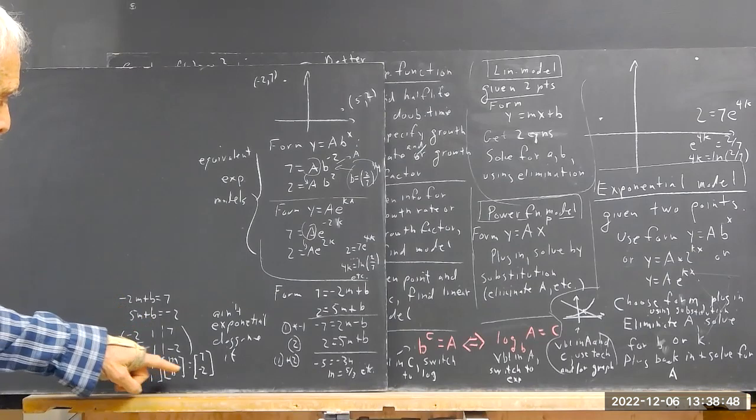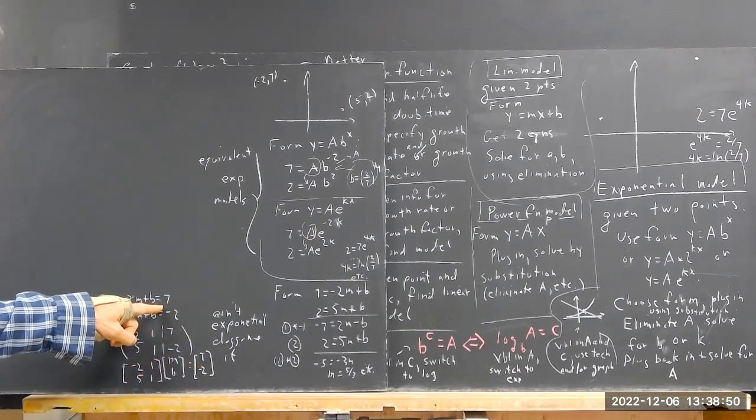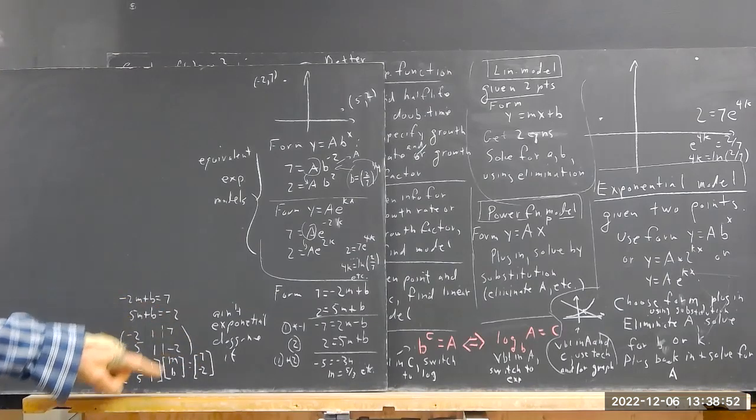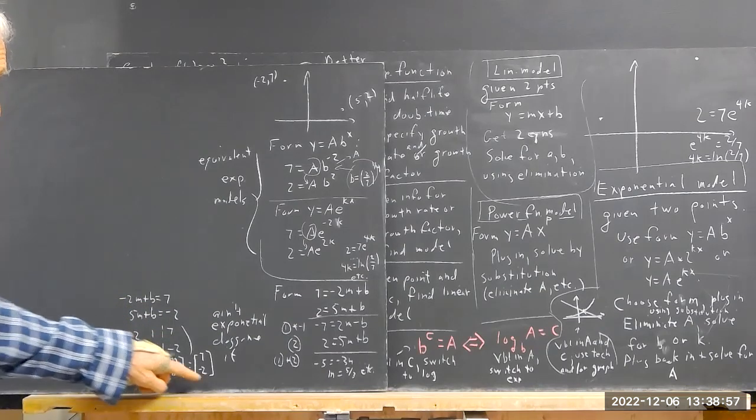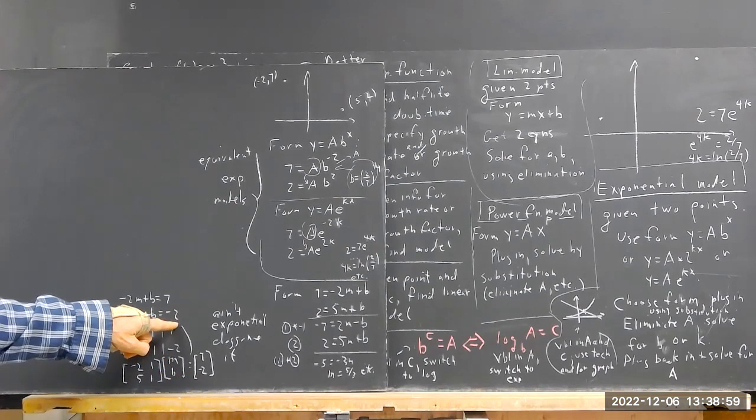And first row multiplied by this has to equal the first number in this row, that's 7. Then if you multiply the second row by this, you're going to get 5m plus b, that's got to be equal to -2, there's your equation.